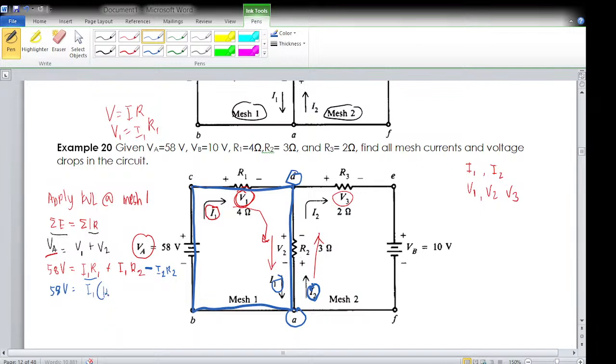R1 plus R2, ma'am. Okay, R1 plus R2. Okay. Minus what? I2, R2, ma'am. Okay, I2, R2. Okay? Now, do we have values of R sub 1, R sub 2? Yes, we have. Ano yung value ng R sub 1 natin?